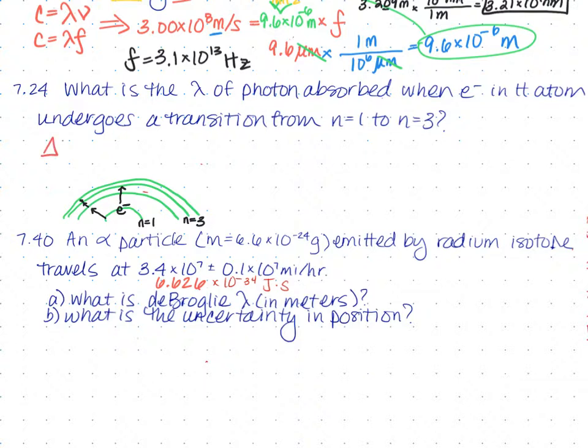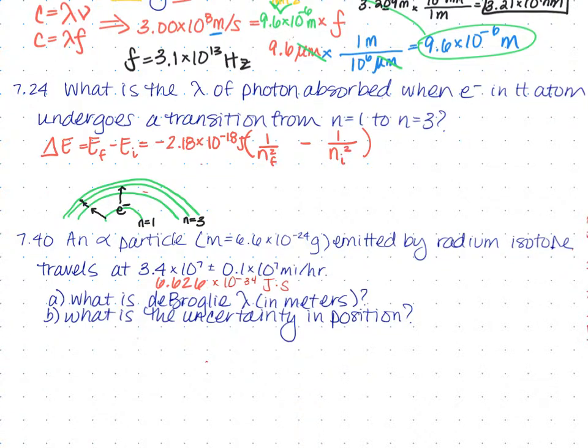This says that the change in energy of an electronic transition, so the amount of energy change for that electron, is equal to E final minus E initial, which just means negative 2.18 times 10 to the negative 18 joules times the electronic transition, which is 1 over n final squared minus 1 over n initial squared.